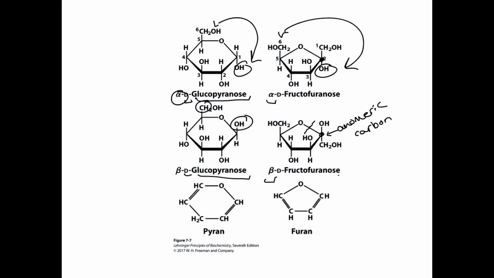So this is the bond that was made in the hemiketal formation. So that would be the open chain form, and then this oxygen attacked that carbonyl to form the hemiketal.